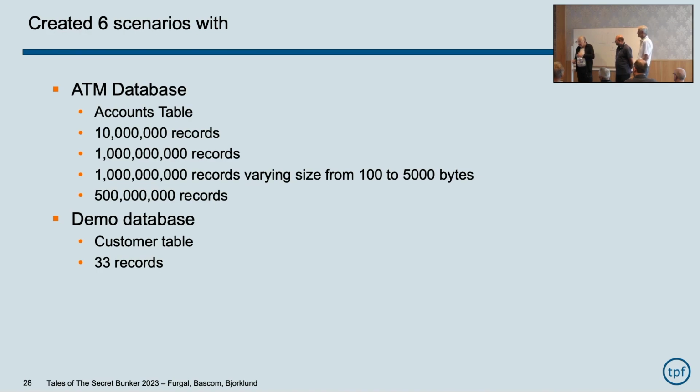And then we did some experiments where we fiddled with the records. So the first few in the list here, we create a database, don't touch it, and then we run table reorg on it to see what happens. So it's a clean database to start with. And then we go into more interesting stuff.